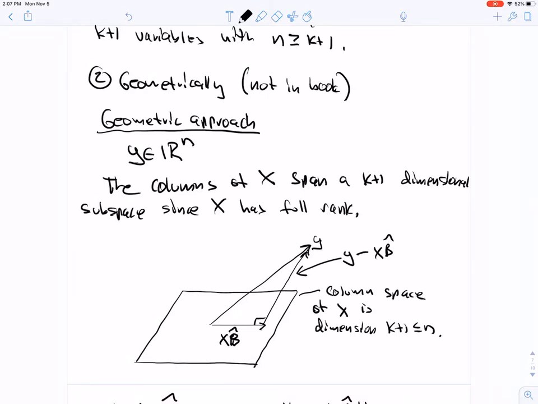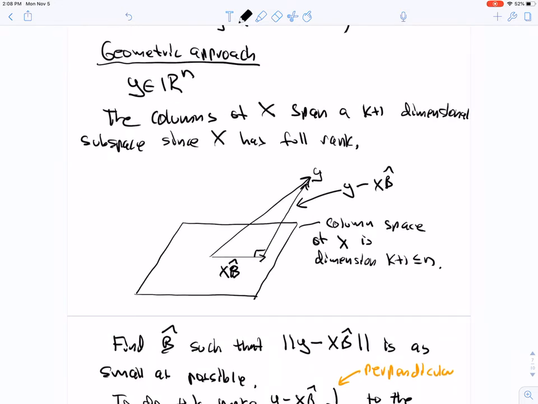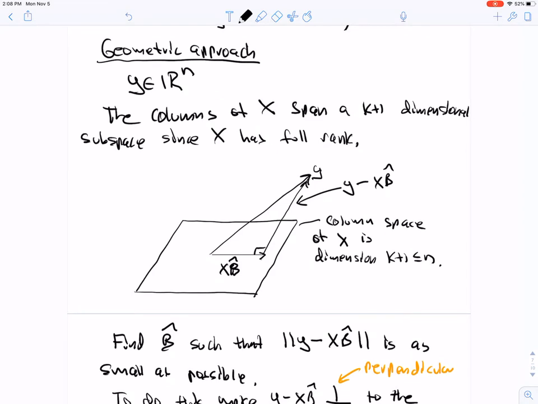The columns of X span a k plus 1 dimensional subspace since X has full rank. So you can visualize Y, which is a vector in Rn, as sticking out of the column space. We want to find X beta hat that minimizes the Euclidean norm of the residual.